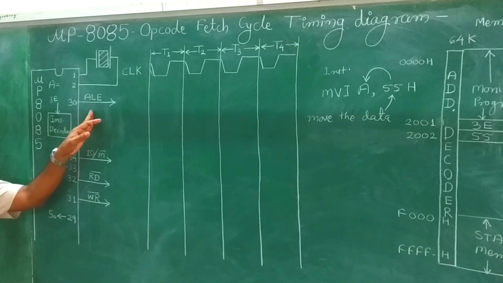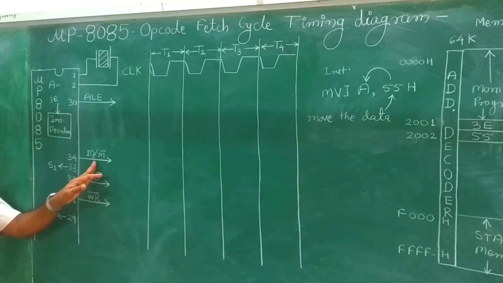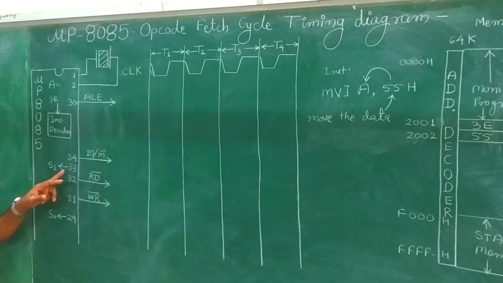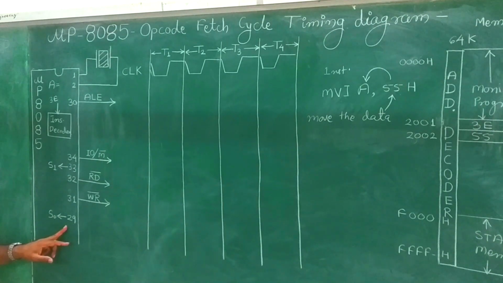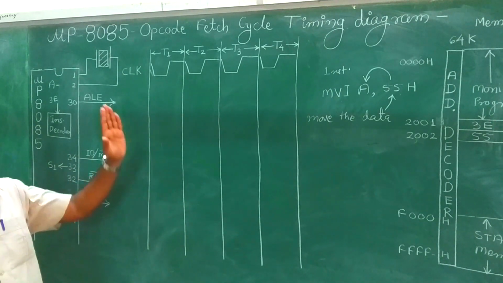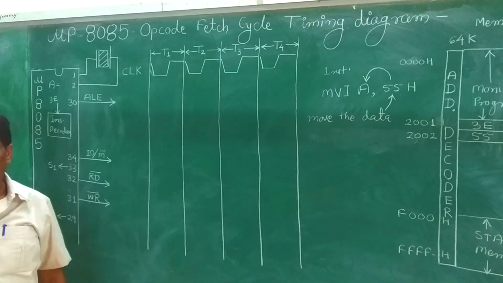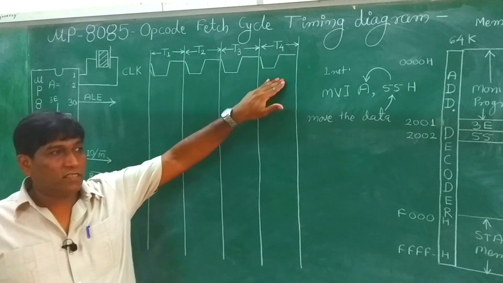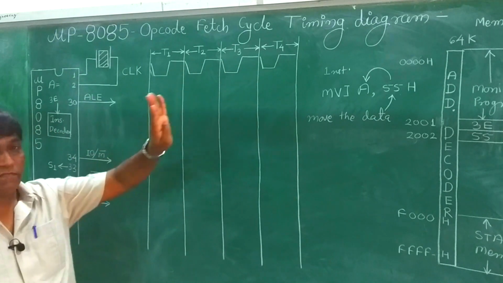These control signals are address latch enable, IO/M bar, read bar, write bar, and status signals S1 and S0. So today we will understand how the timing diagram for the opcode fetch cycle should be drawn. Here, as you see, the total T states required are 4.